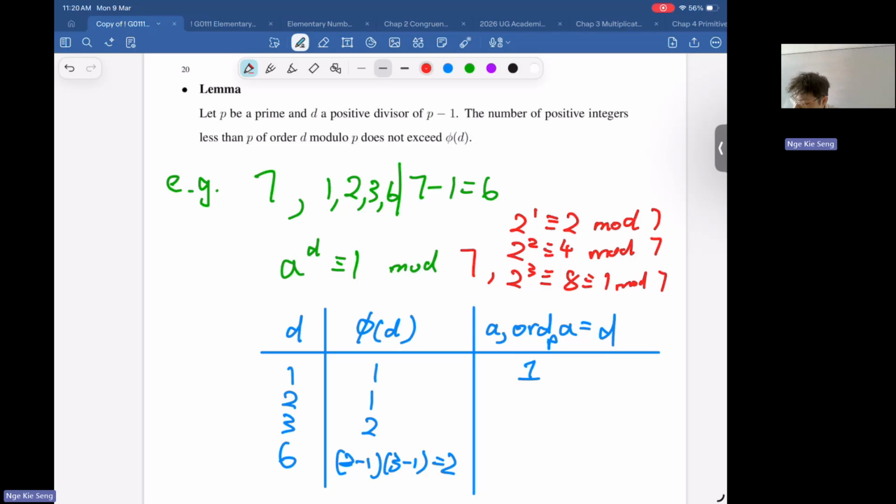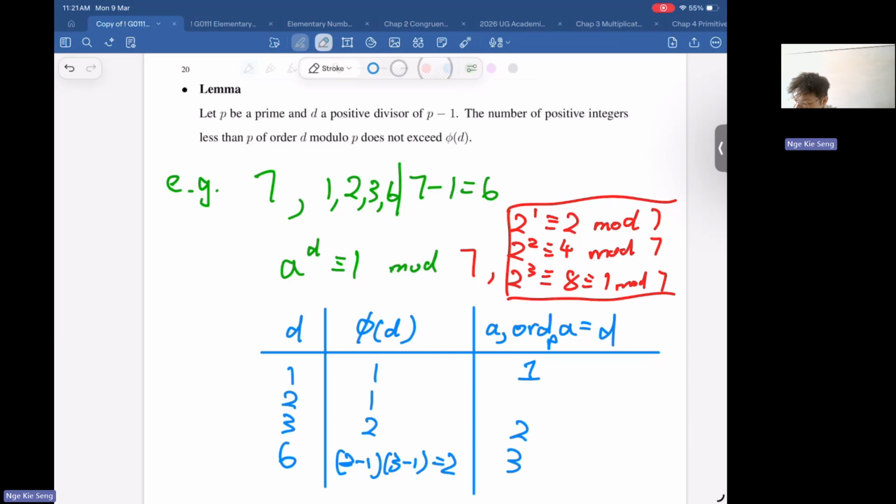So 2 has order 3. How about 3? We calculated this before: 3 is a primitive root mod 7, so it has order 6. How about 4? 4 to the 1 is 4, 4 squared is 16, which is 2 mod 7, and 4 cubed is 8, which is 1. So 4 has order 3.